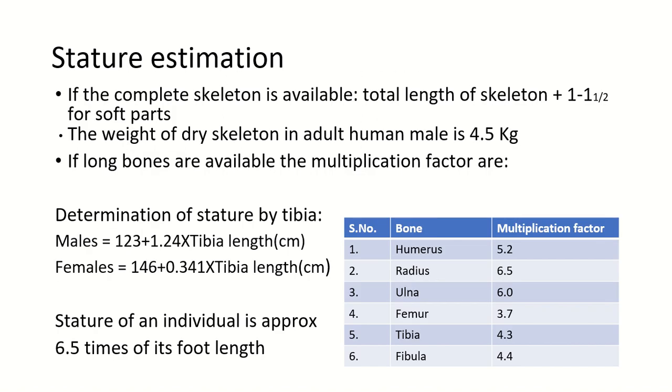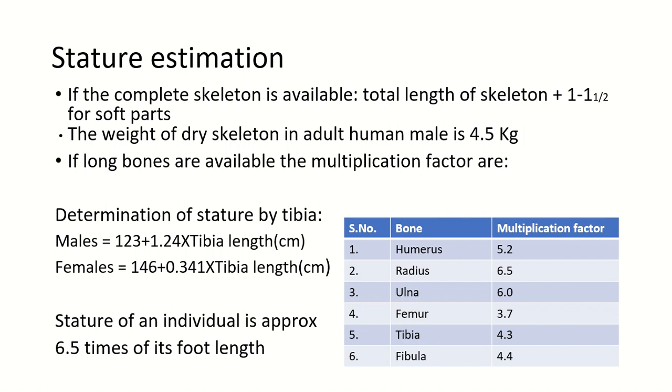Stature estimation. In case the complete skeleton is there, the total length of the skeleton is taken, plus 1 to 1.5 for soft parts. The weight of the dry skeleton in an adult human male is 4.5 kg. If the complete skeleton is not available and only long bones are there, there is a multiplication factor for each long bone.